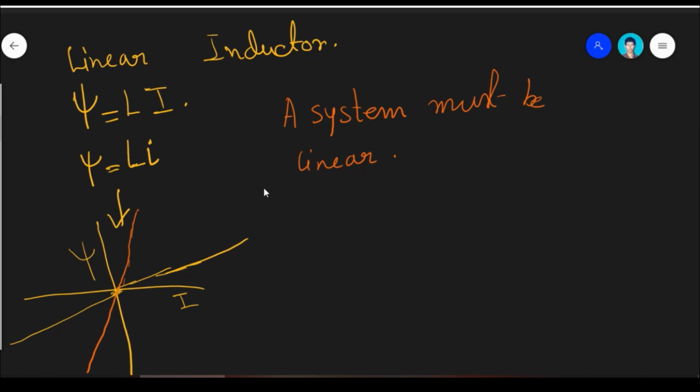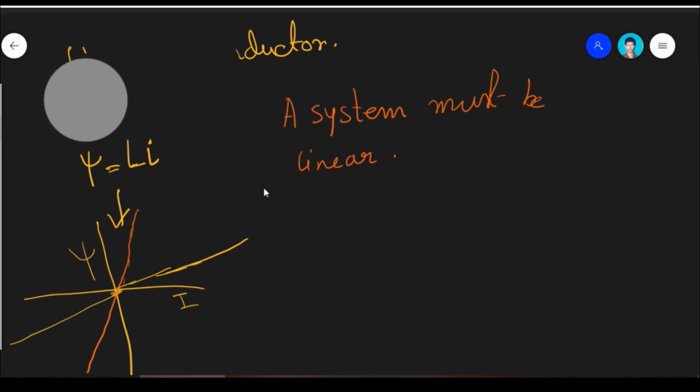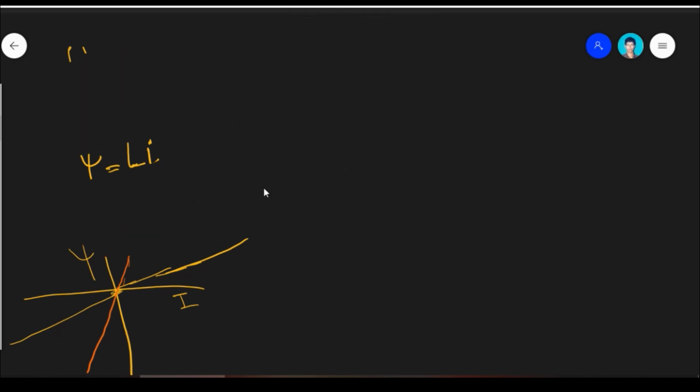Now let us consider one RL circuit. You must have some idea about drawing the phasor diagram of an RL circuit.